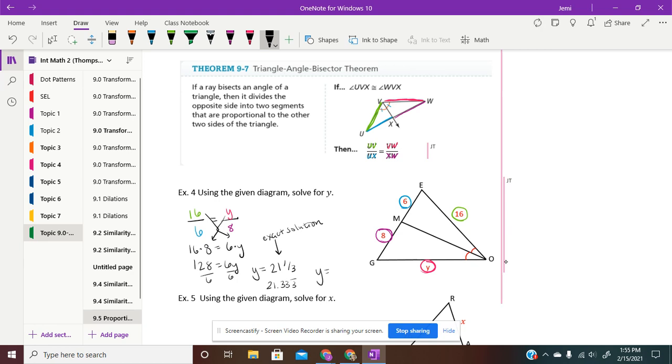It will probably ask you to round to one decimal place, in which case I would just write 21.3, and that would be rounded. Now this is to the nearest tenths. It could ask you to round to the nearest hundredths. It could ask you to round to different decimal places. I'm going to guess it is going to ask for this, but it could be different in different problems.